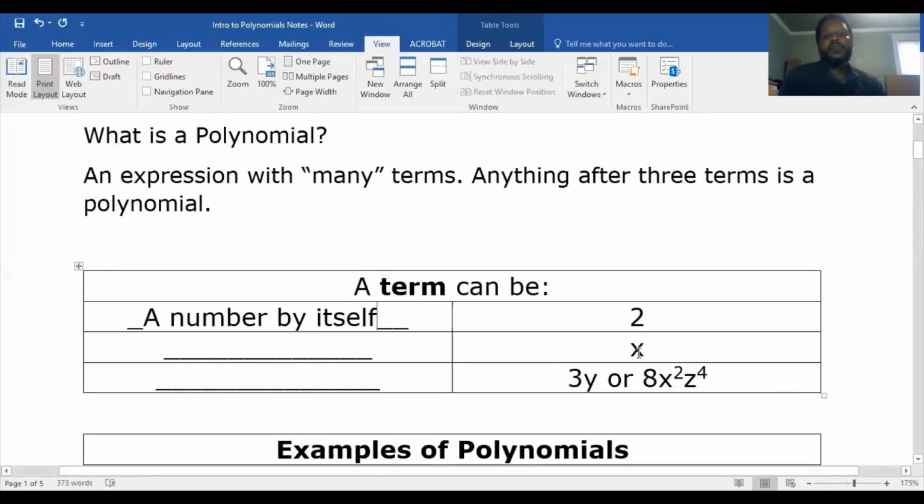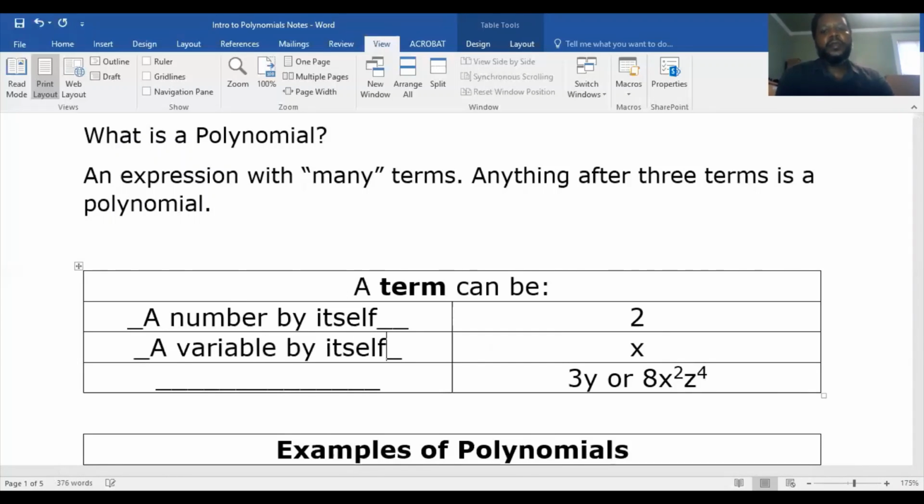And then what do we have here when we have x? A variable. Good. It's a variable by itself. And then what do we have with 3y or 8x squared z to the 4th power?